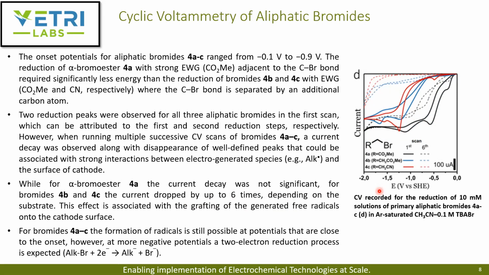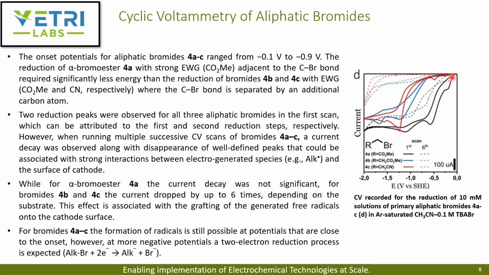For aliphatic bromides, the onset potentials ranged from about minus 0.1 to minus 0.9 volts, depending upon the group you have. For example, the formyl is an electron withdrawing group in the alpha bromide, so adjacent to this C-Br bond it requires less energy.